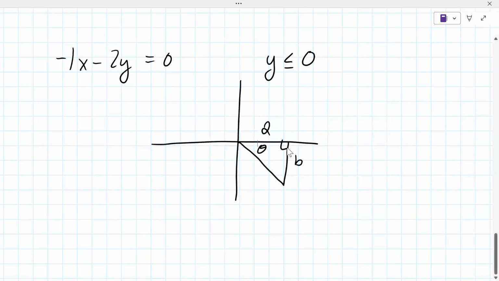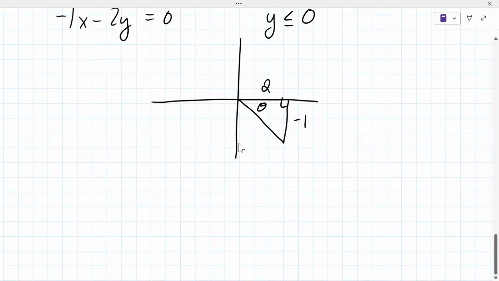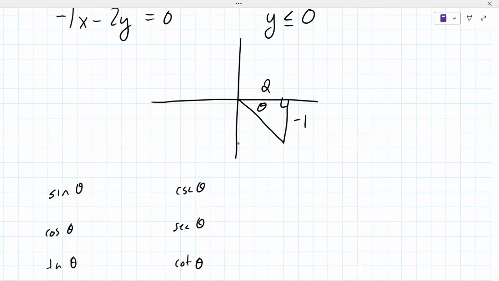All right, so go ahead and find that third side. √5. So then, all right, so go ahead and get these.